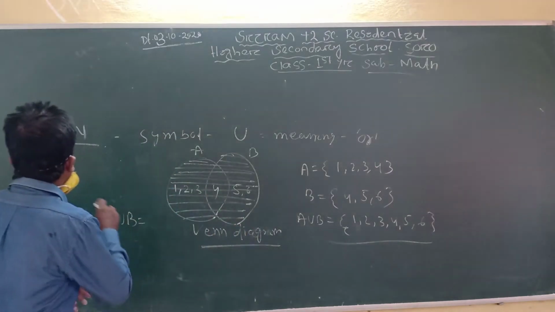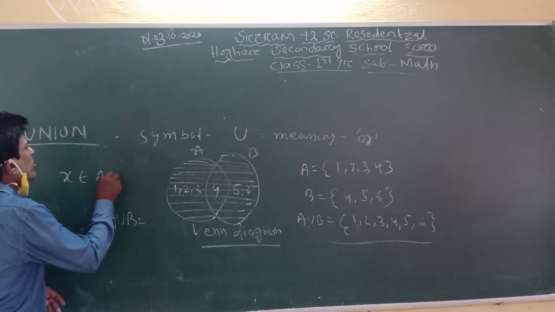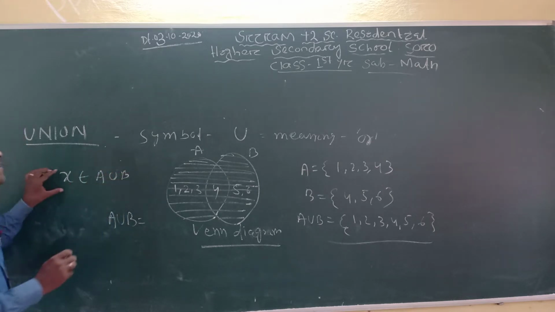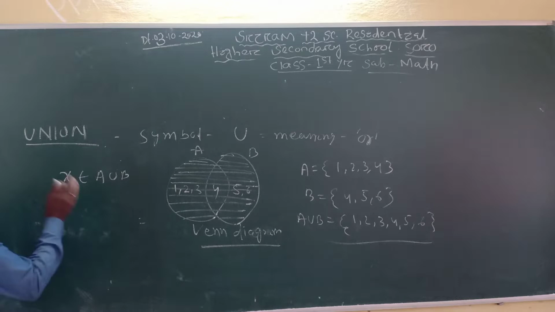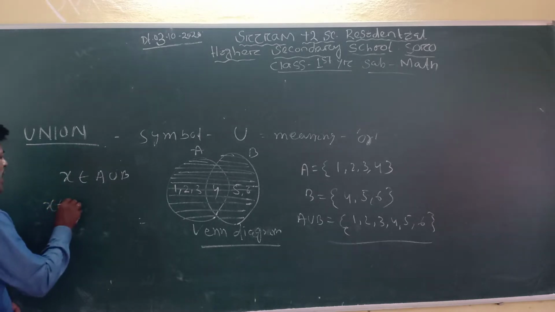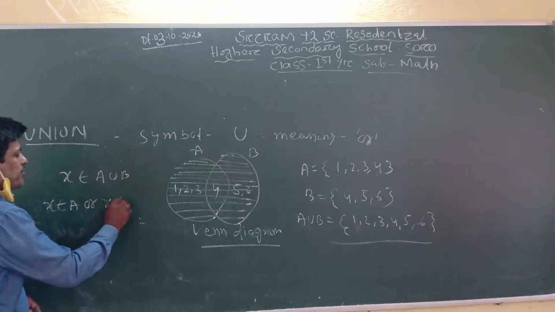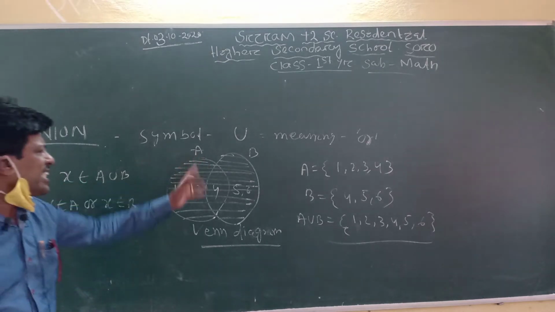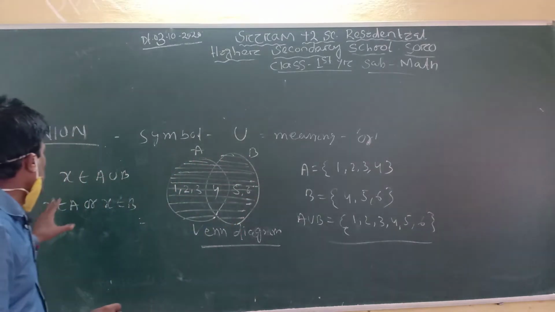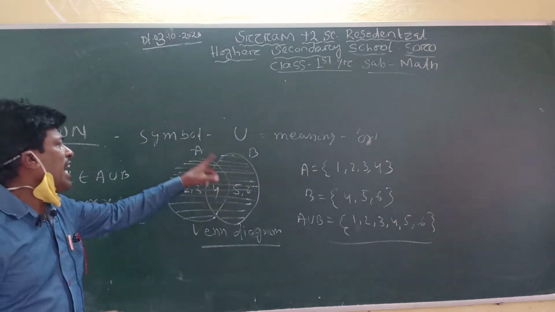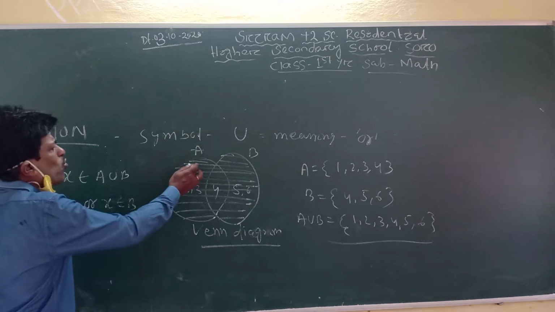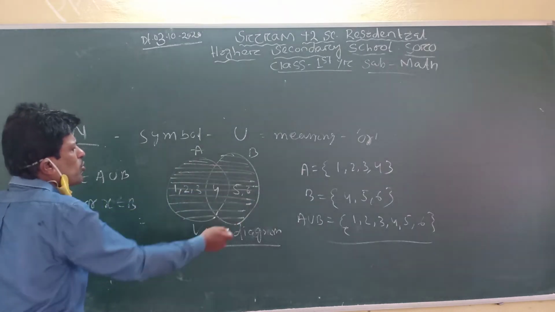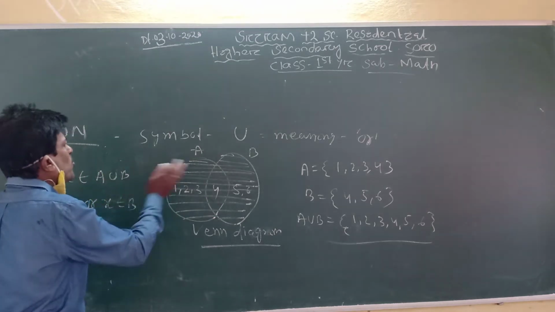If X belongs to A union B, X is an element belonging to A union B. Now we can write X belongs to A or X belongs to B. That means X is either in set A or in set B. For example, if X is 1, then it belongs to A. If X is 5, then it belongs to B. If it is 4, then it belongs to both sets.